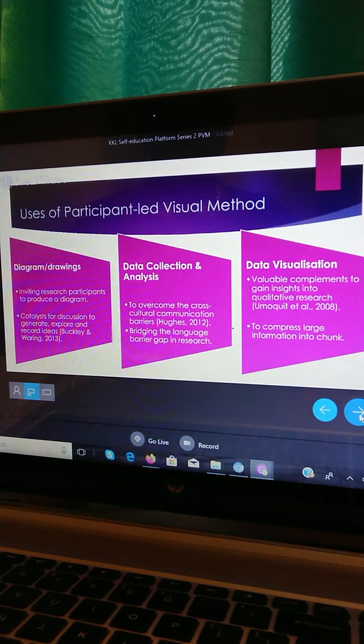So, the diagram or the drawing aspect, how do you implement it? First, you invite your research participants, who you want to voluntarily take part in your study.